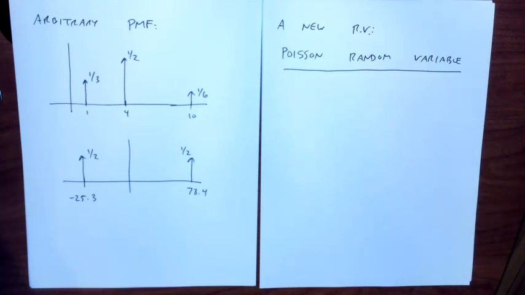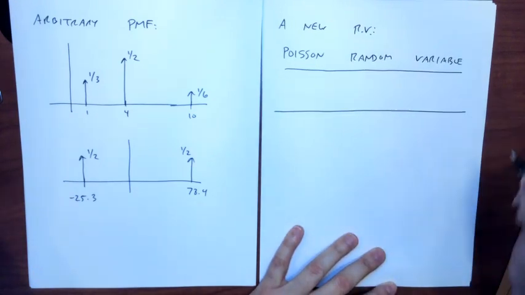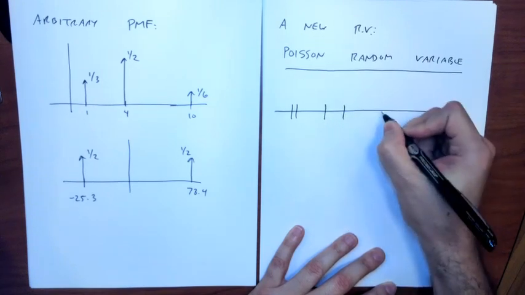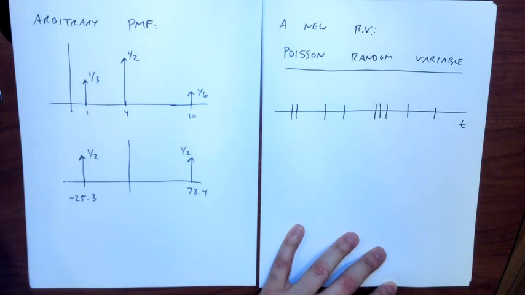All those things are examples of a timeline with little hash marks for when these events take place, okay?